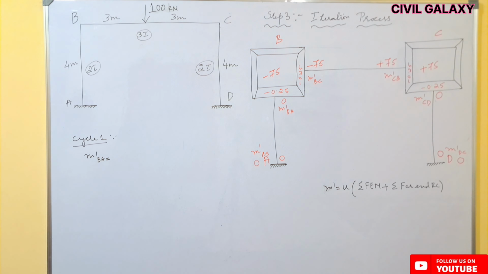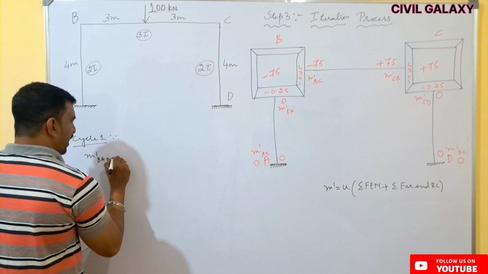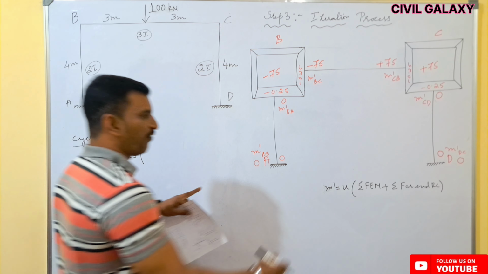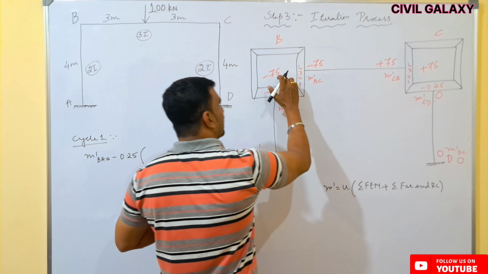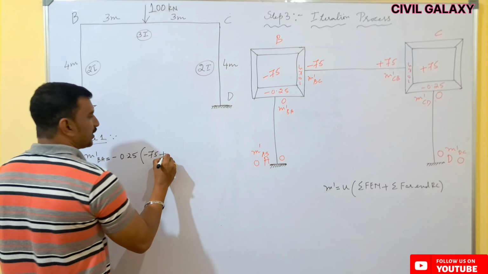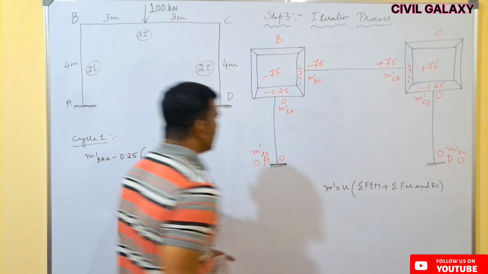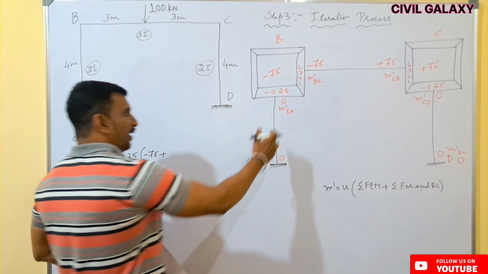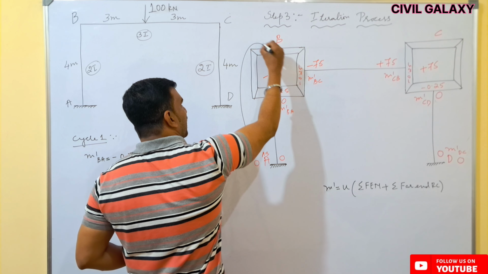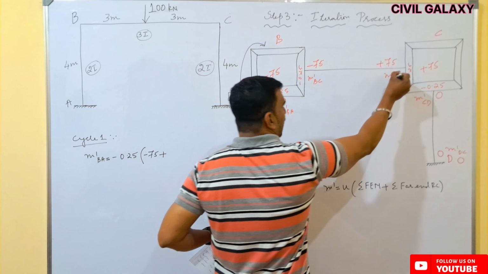Just putting the values over here, the rotation factor, which is minus 0.25, into the summation of fixed end moment about this point, here it is minus 75, plus the summation of far end rotation contributions. See here, for m dash BA, for joint B, the far ends here are m dash AB and also m dash CB.